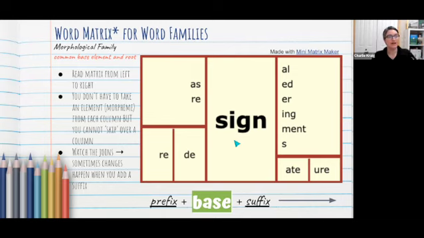When we look at a word matrix, we read it from left to right. You don't have to take an element or a morpheme, a building block, from each column, but you can't skip over the column. So here I can't pick SIGN, skip ATE, and just go to URE.